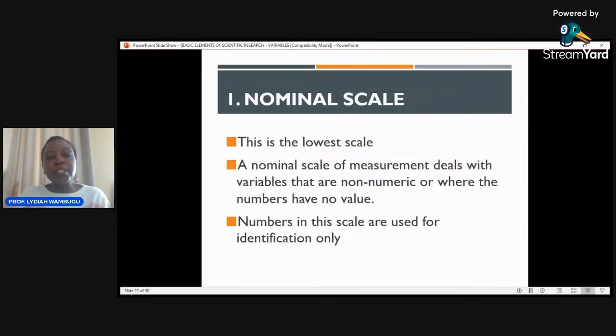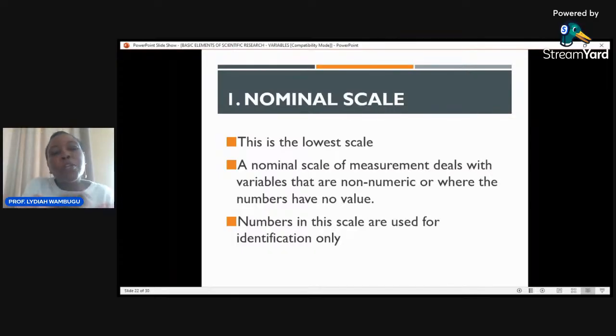We start with the simplest, the lowest, nominal. Nominal scale deals with variables that are non-numeric. That means numbers have no value. They are used for identification only. In very simple terms, and I want you to remember, if you're writing, please write nominal names.